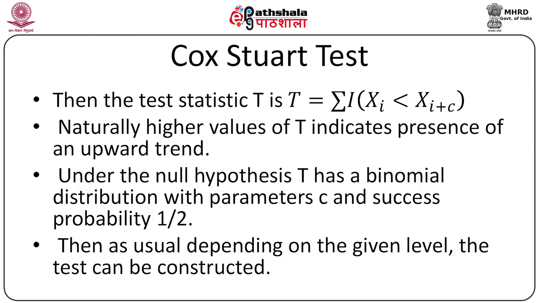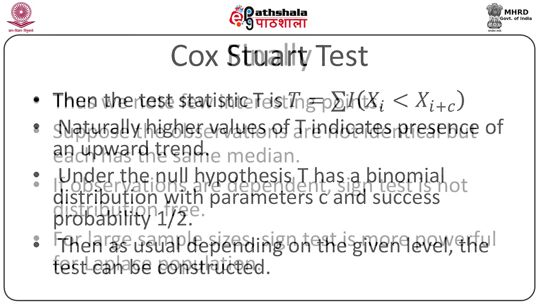Naturally, higher values of T indicate presence of an upward trend. Under the null hypothesis, T has a binomial distribution with parameters c and success probability half. Then, as usual, depending on the given level alpha, the test can be constructed.